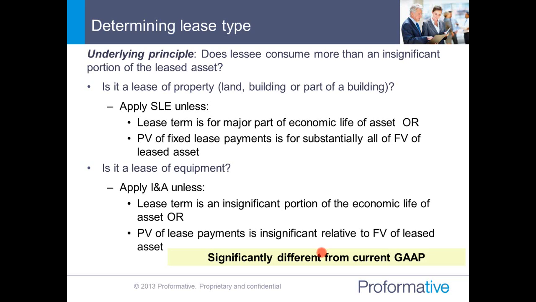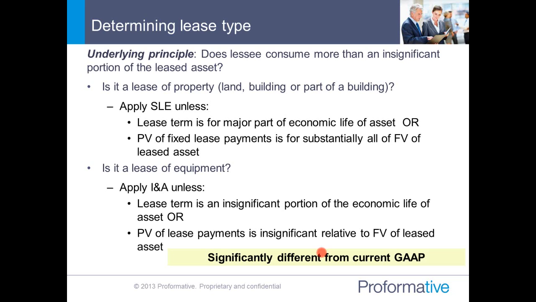But here we're saying that real estate leases will get current GAAP operating lease accounting P&L treatment, but for equipment leases, the classification test is far different.